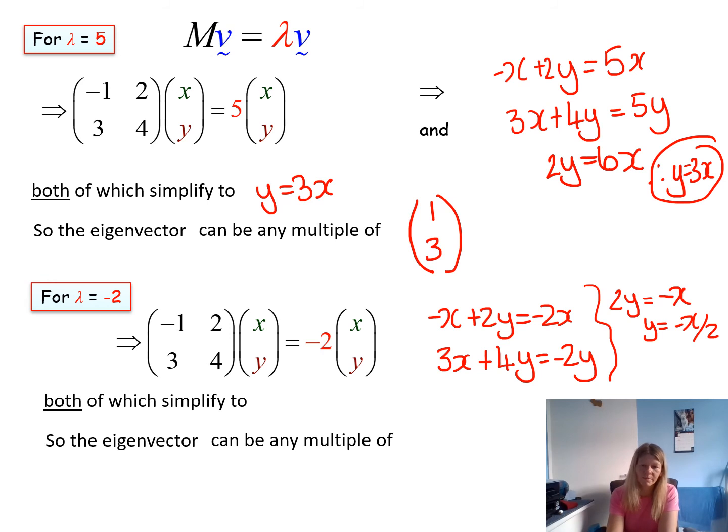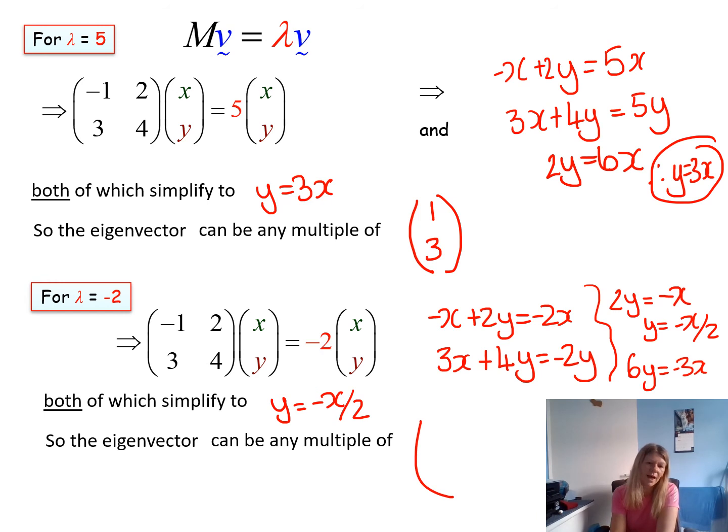What about this one? Take that over. You get 6y equals minus 3x, and if you divide by 6, you get that again, don't you? So they're both giving us y equals minus x over 2. So an eigenvector can be any multiple of, you could pick x as 1, but then y would be a half, and they like whole values.